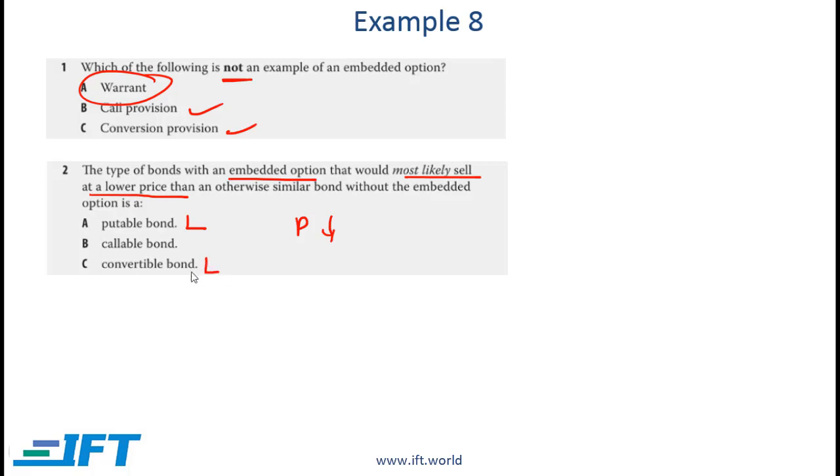Investors also like the convertible option because that gives them the option to participate in equity upside. So for these two bonds, the investors would actually be willing to pay more. Investors don't like callable bonds because with a callable bond, the issuer can call the bond back when interest rates go down. So B is the best answer.